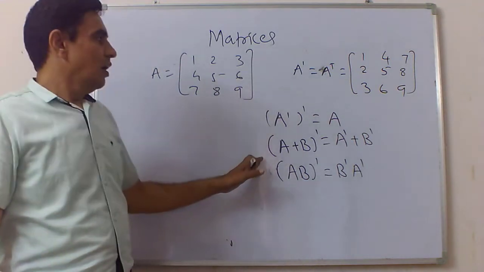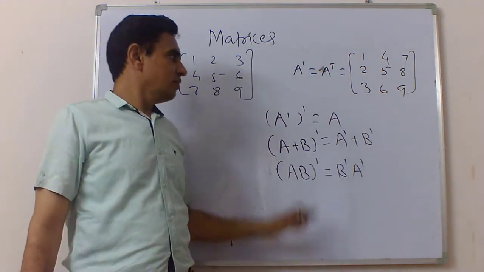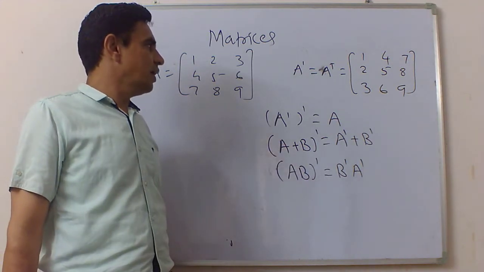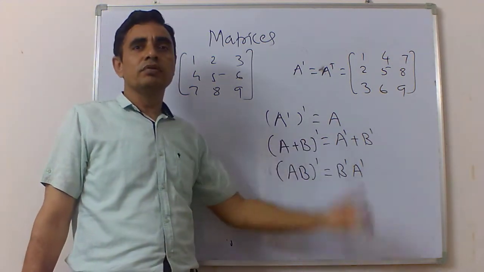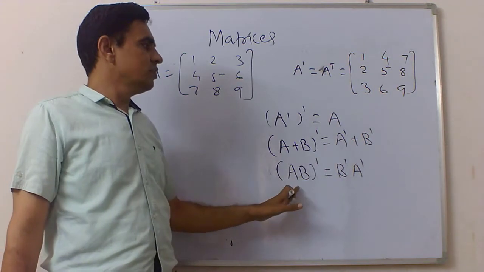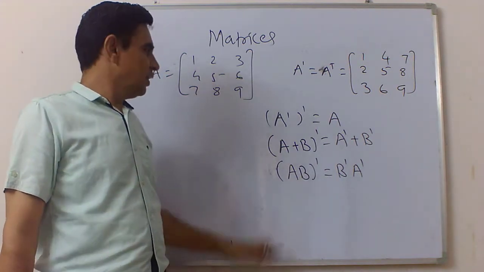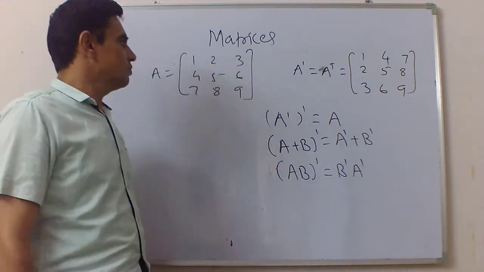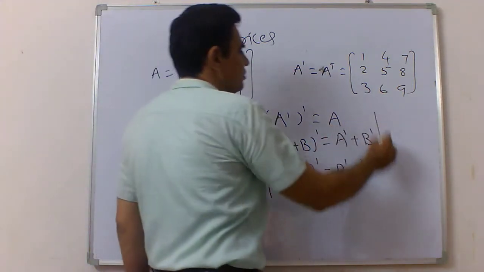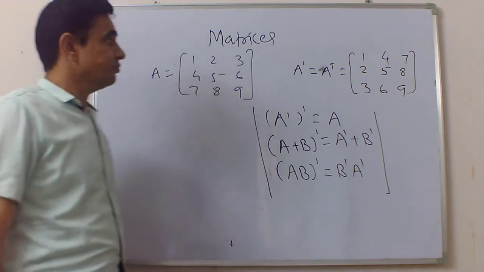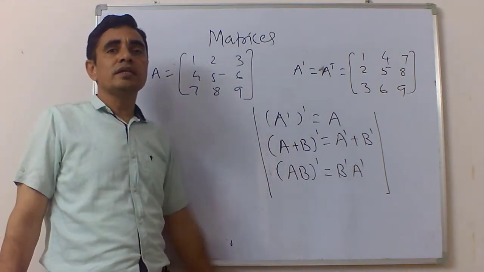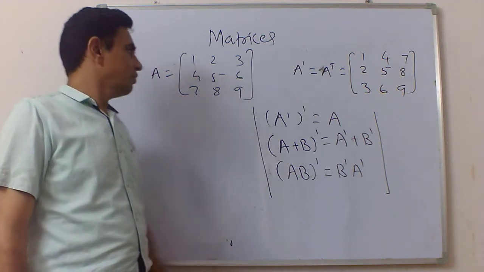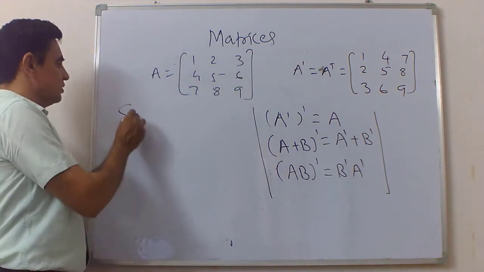Transpose is distributive over addition, but transpose is not distributive over multiplication. So AB whole transpose is equal to B transpose into A transpose. These are the properties of the transpose of matrices, and the transpose of any matrix is obtained by changing its rows to columns. Now, we see symmetric matrix.